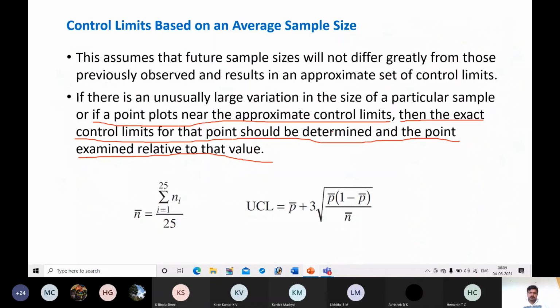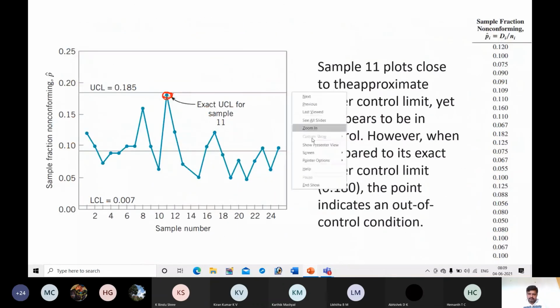For sample number 11, the point plots close to the approximate upper control limit. The 0.185 is the approximate upper control limit, yet it appears to be in control. However, when compared to its exact upper control limit, that is 0.180, the point indicates an out of control condition.